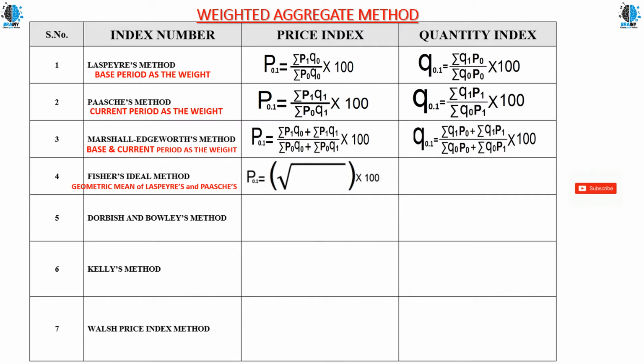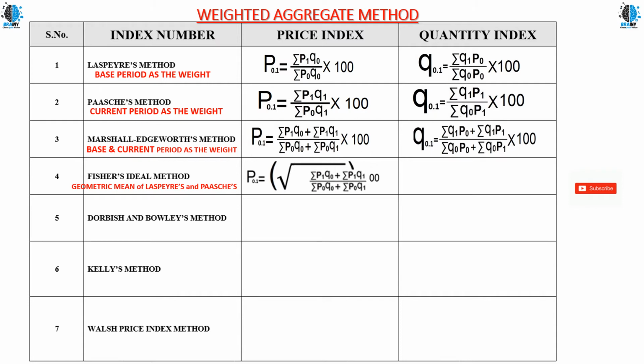So the same thing I'm going to have under square root. So price index of current year based on base year is given as P01 equals under root we will be having the Laspeyres and Paasche formula, into 100. So let's see this. I have this formula. So this formula, where exactly am I seeing, it's there in Marshall Edgeworth.